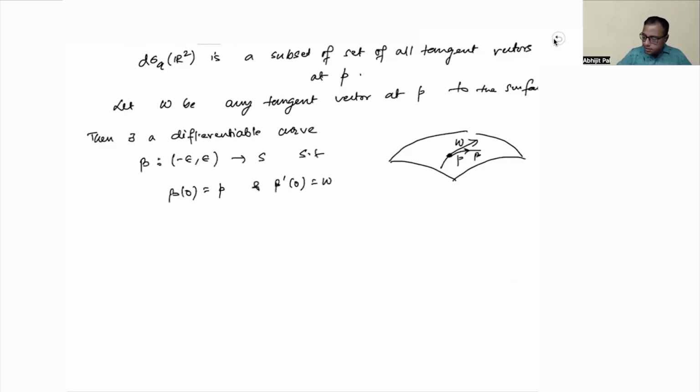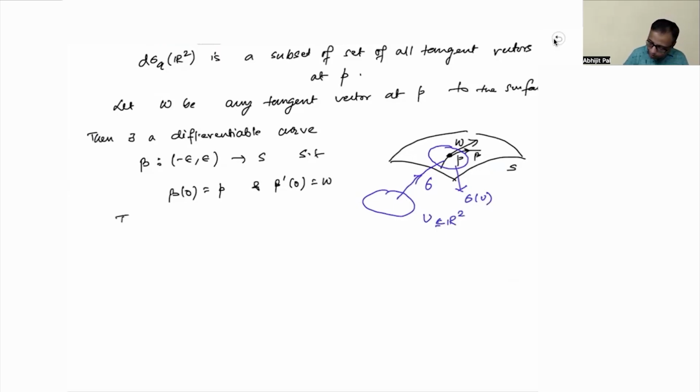So this S is my regular surface. This P will be contained in some surface patch, so this will be sigma of U for some U. So I have this U, and I have a map sigma from U to sigma U. This U, again, is an open subset of R2.